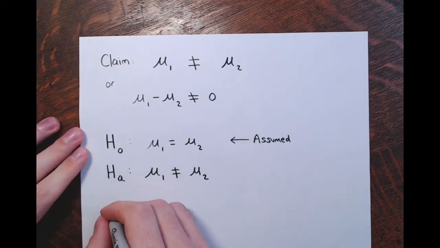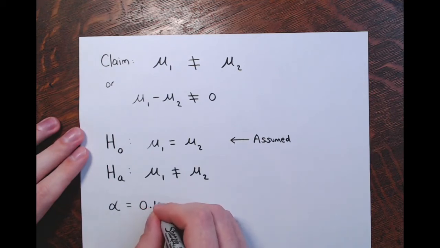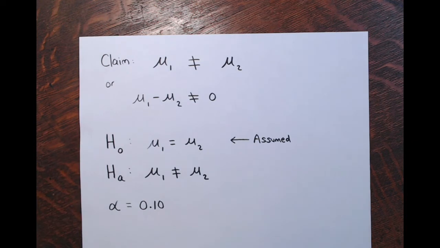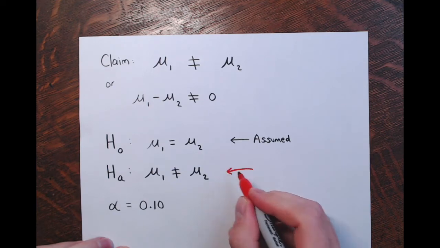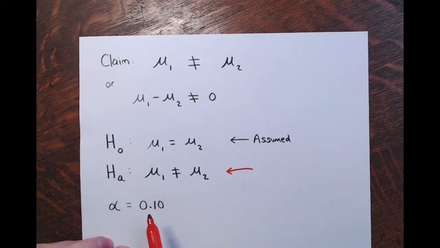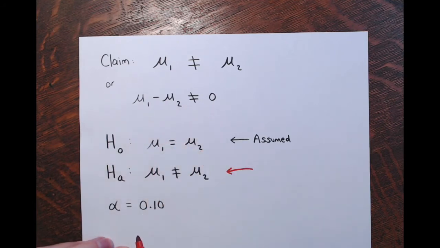Now usually after the hypotheses are formed, we identify the significance level of the test, which is 0.1 or 10% here. Another thing you can point out when you have formed the hypotheses is what kind of a test it is. We have that mu1 is not equal to mu2, or mu1 minus mu2 is not equal to 0, that these wait times on average are different.